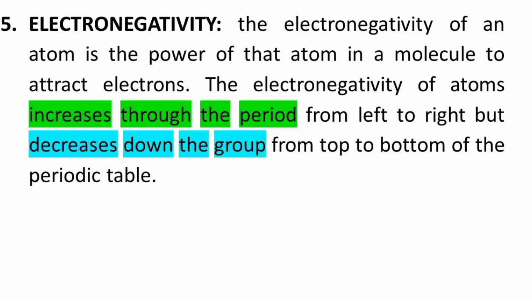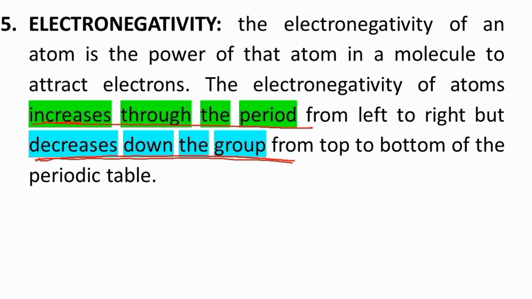Electronegativity, just like ionization energy and electroaffinity, increases through the period from left to right but decreases down the group.